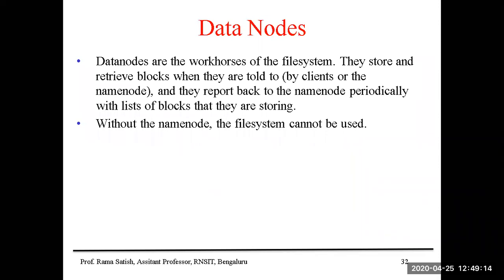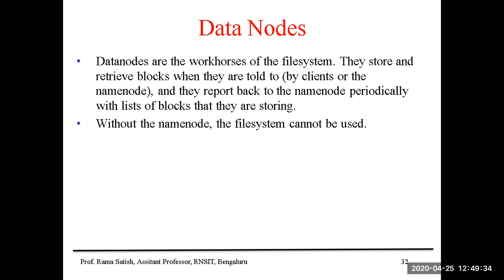Without the name node, the entire file system could not be used. So name node is the main person who has all the metadata information: which file, where it is stored, which data node, everything.